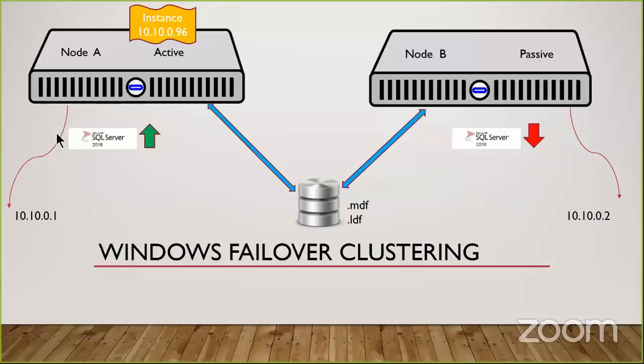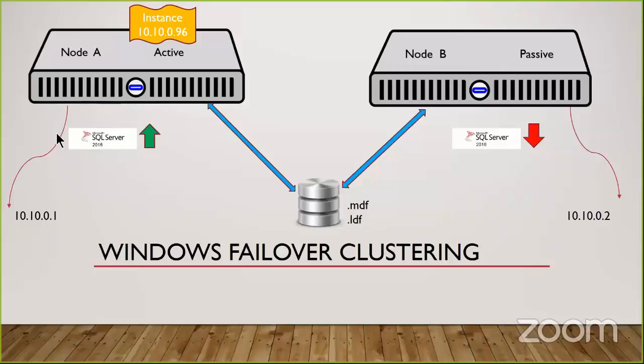Once again, just like with replication, if you were to go look up in DNS, it would say that this instance named, my production CRM or whatever it is, its IP address is 10.10.0.96. In reality, there is no physical device anywhere in your network with that IP address. It's a lie. It's a virtual IP address, if you will.